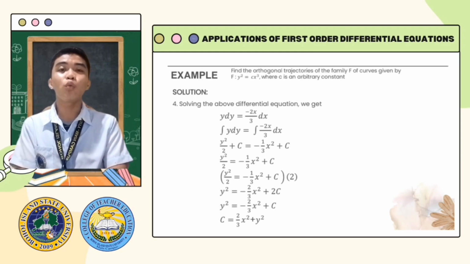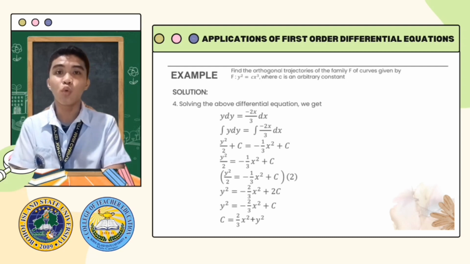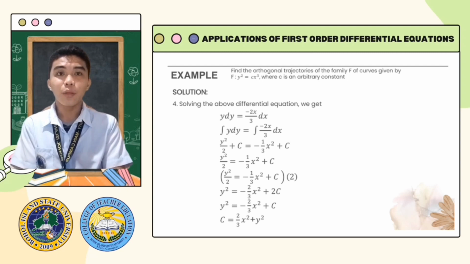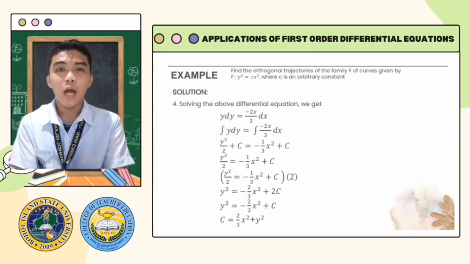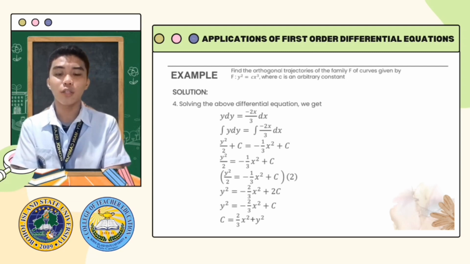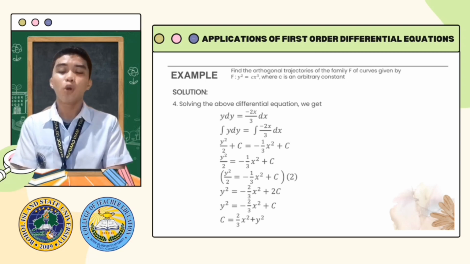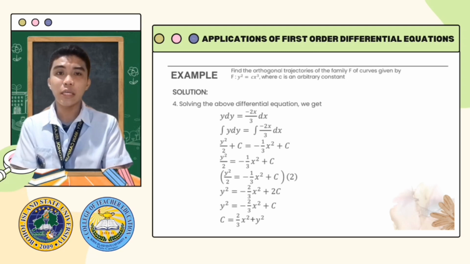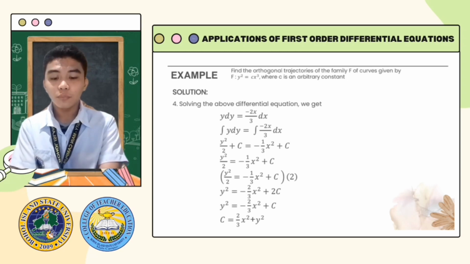So we get y squared is equal to negative 2/3 x squared plus 2c. Since the expression 2c is a constant, we can denote the whole expression as a constant c. So we get y squared is equal to negative 2/3 x squared plus c.